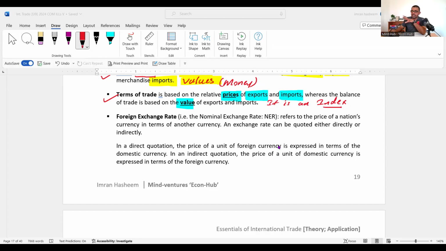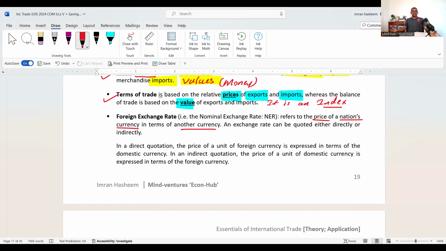Okay. So I've explained what a foreign exchange rate is. Especially we talk about the nominal exchange rate. We'll learn this in unit 10. Unit 10, the third chapter, is mainly about foreign exchange rates. The foreign exchange rate is the price of a nation's currency, the domestic currency. Now in Sri Lanka, it's the price of the rupee in terms of another currency.